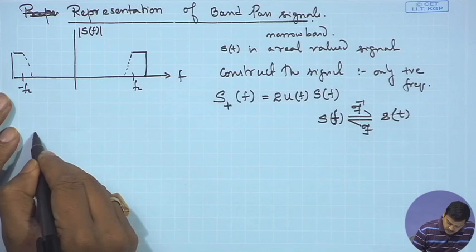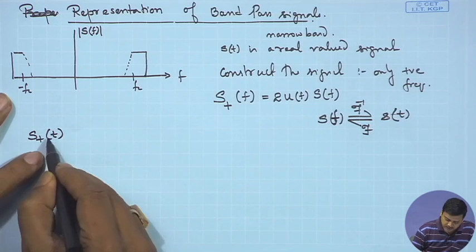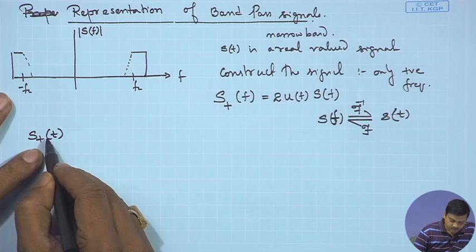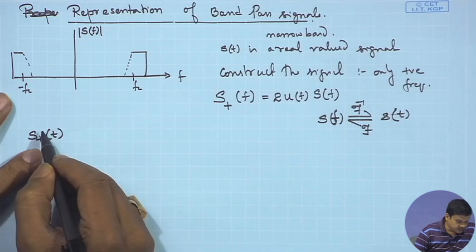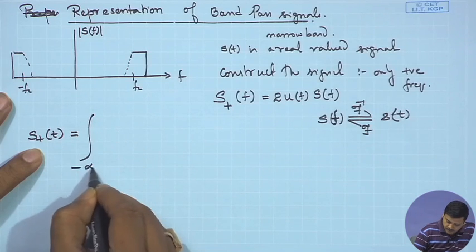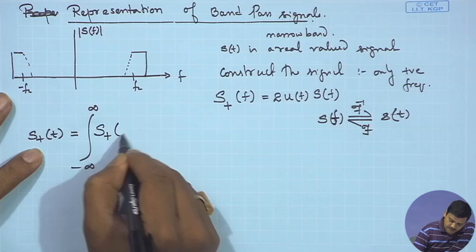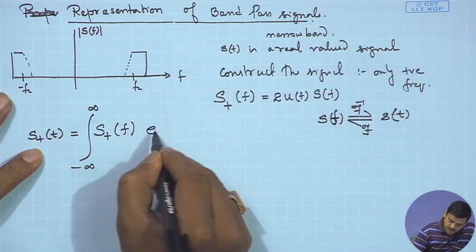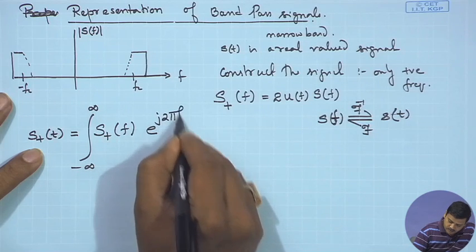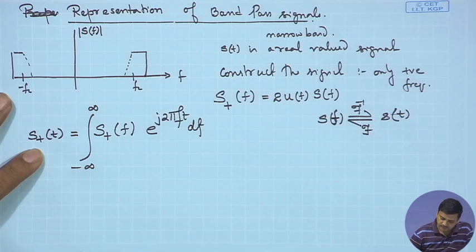So, we need to look at what is S plus of t. S plus of t we obtain by taking the inverse Fourier of S plus of f. To obtain that we take the integral from minus infinity to infinity of S plus of f e to the power of j 2 pi f t df.